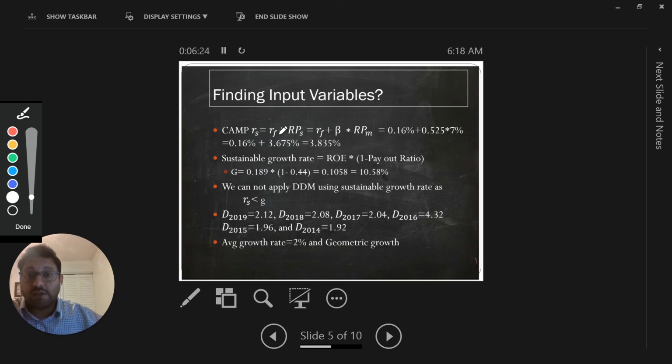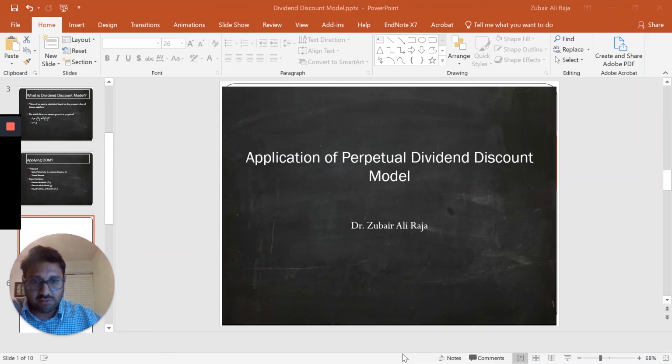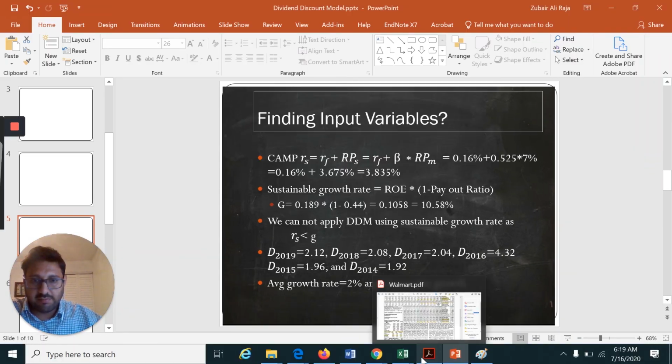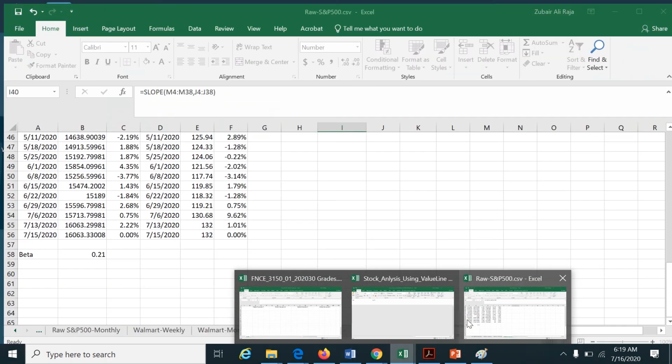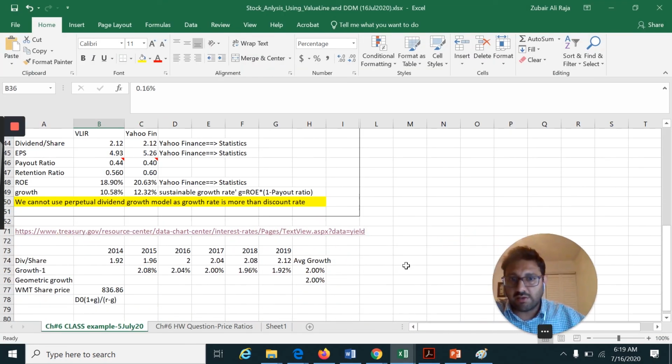So the risk-free rate of return we can gather from the Treasury website. I have an Excel file in which I also have the link, and this is the link over here.